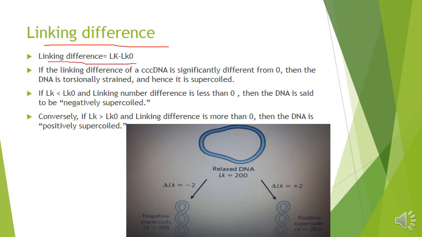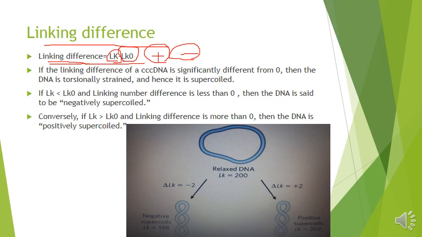By this concept we can know whether a DNA is positively or negatively supercoiled. We just should find the linking number in the DNA that is positively or negatively supercoiled, and then subtract the linking number which is present in the relaxed form of that DNA, and then it will produce the linking difference, which can be positive or negative. If it is positive, it means that the DNA is supercoiled positively, but if it is negative, it means that the linking difference shows that the DNA is negatively supercoiled.